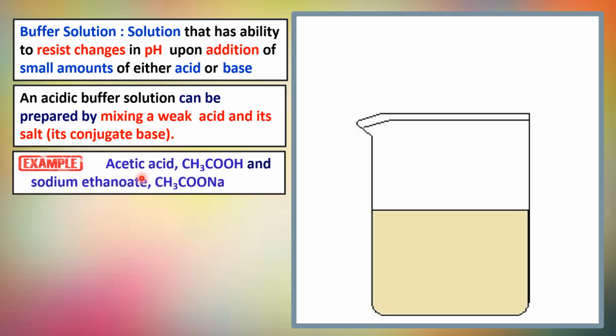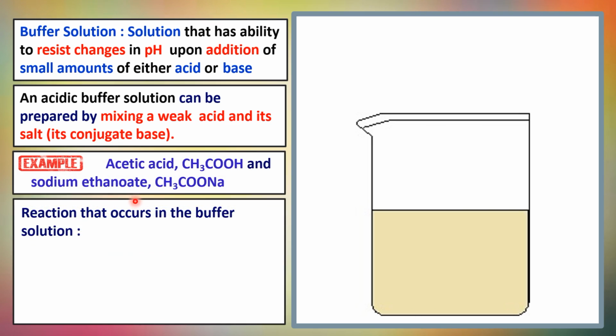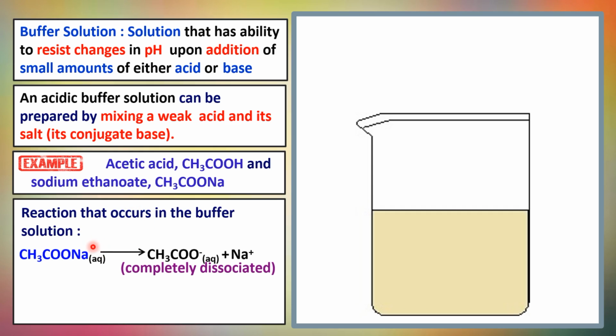For example, acetic acid, a weak acid, and its salt, that is sodium ethanoate. Alright, so the reactions that occur in the buffer solution. We have the salt, sodium ethanoate. Any kind of salt will 100% dissociate, so it will dissociate into CH3COO minus ion and Na plus ions.